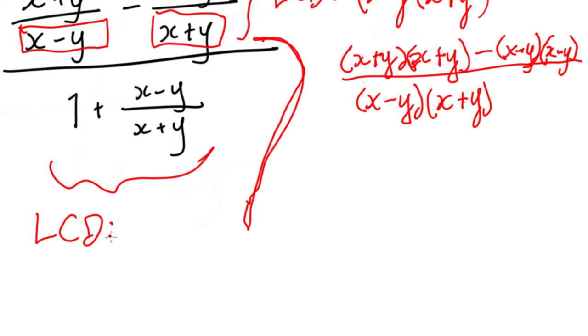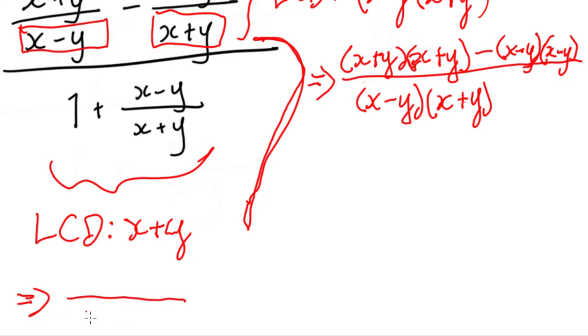Since here we only have a whole number, which is easily 1, and we have a denominator here, the LCD will simply be the denominator itself, x plus y. Since it's the LCD, we need to install it here. That gives us x plus y over x plus y, which will be 1.